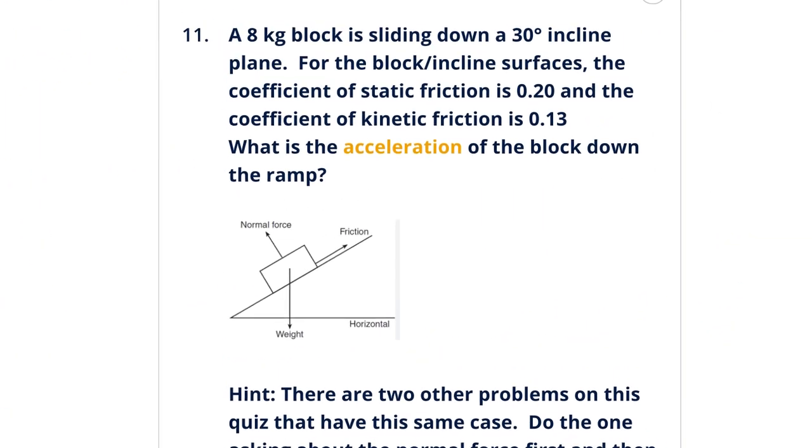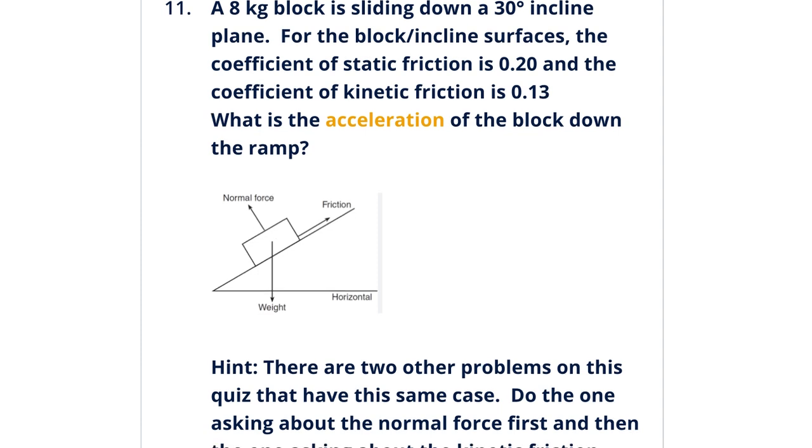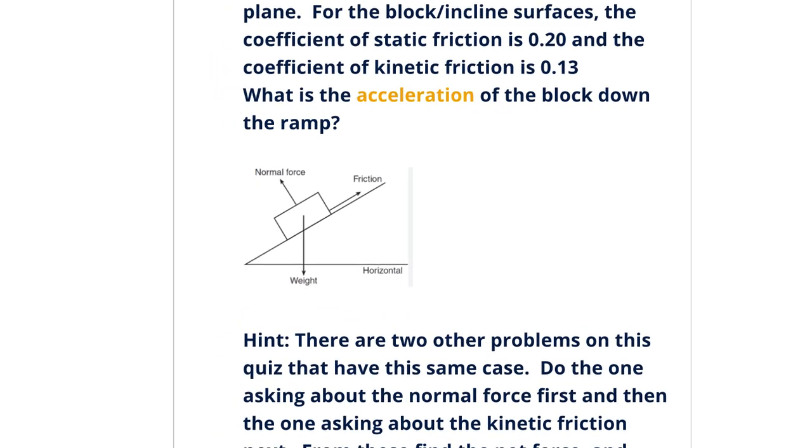This is the next one. It's the same problem, but what's the acceleration of the block down the ramp? So we have the kinetic friction already.